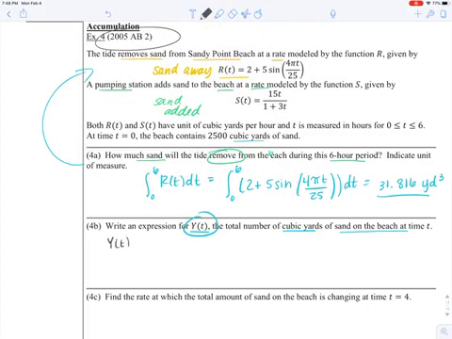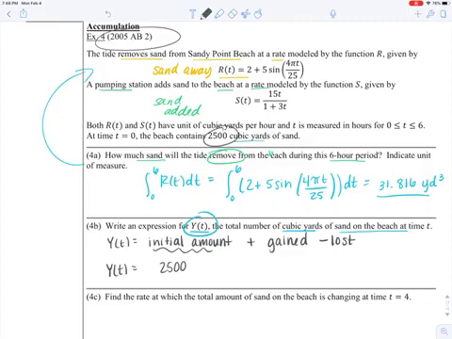If I have a function y of t, it should be some initial amount of sand, what is there to start with, plus the sand that I'm gaining minus the sand that is being washed away, okay? So y of t, it tells me in the problem there's 2,500 cubic yards to start with.